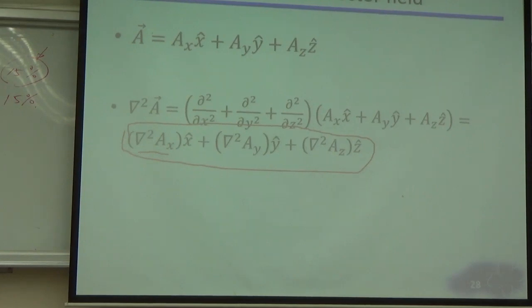But for the left part, I use the vector identity to transfer that to minus Laplace of E. Because of this identity, you can find this in the back of your book, the appendix. This is always true.